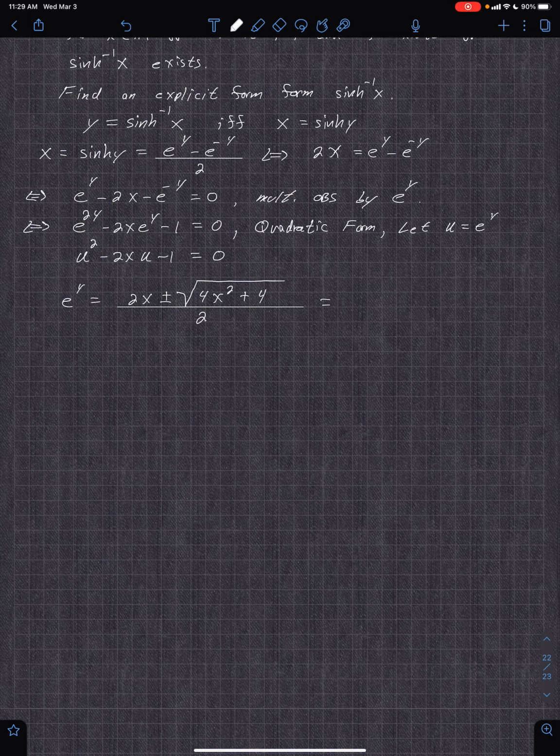We simplify that, factor out the 4, so you get 2x plus or minus the square root of 4x squared plus 1 all over 2. When you take the square root of 4, you get 2, so that reduces out.